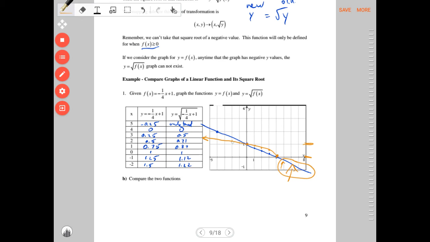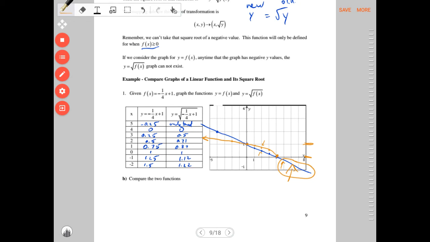After the y coordinates get bigger than 1, the square root of a number bigger than 1 works out to be smaller than it was before. For instance, the square root of 0.5 was 0.71, so it's higher because it's bigger.